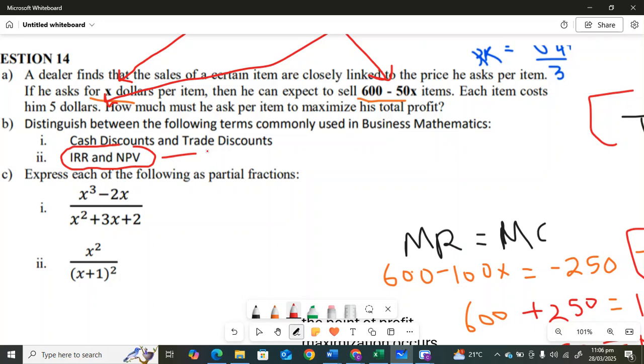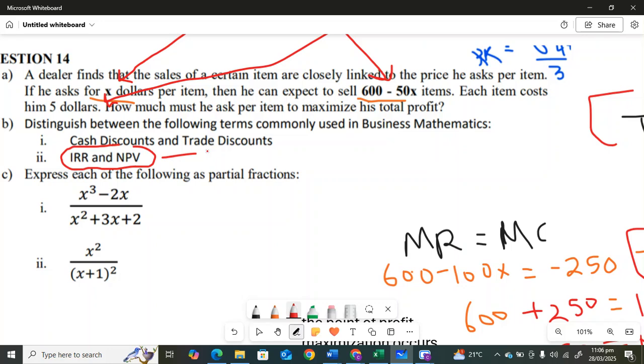The internal rate of return basically tells you the money that you're going to receive from your investment, in a percentage format. Because as a business, when you invest in something like machinery or new buildings, you expect that investment to bring you money.